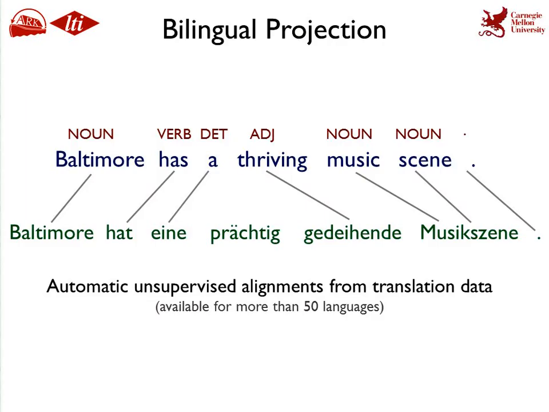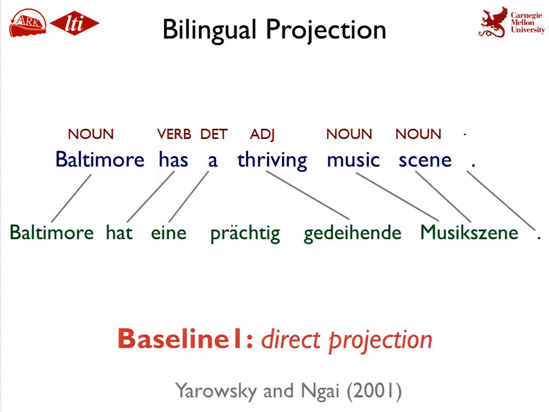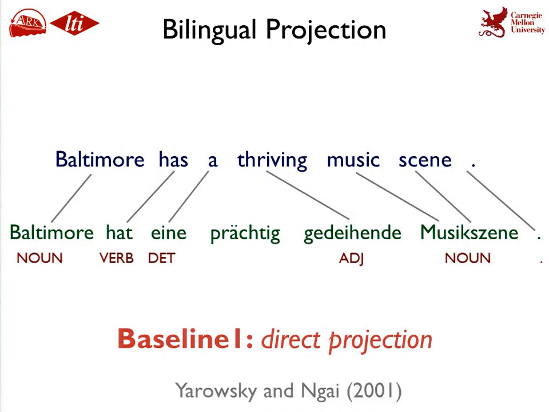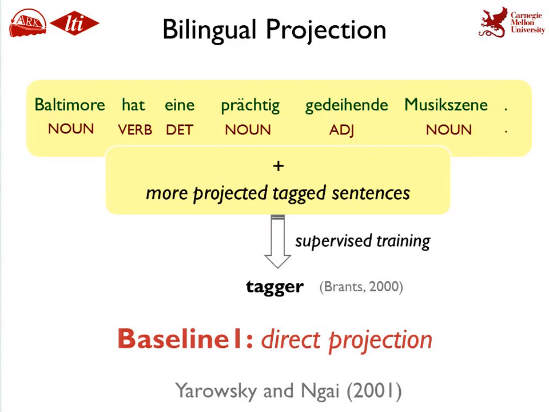Now, a direct projection model, which has been explored before, can just project these tags across the alignments. There will be some unaligned words, and you can do something reasonable like assuming it has the noun tag. And once you do this sort of direct projection, you can gather more projected sentences from your parallel corpus, and then perform supervised training to get a supervised tagger.